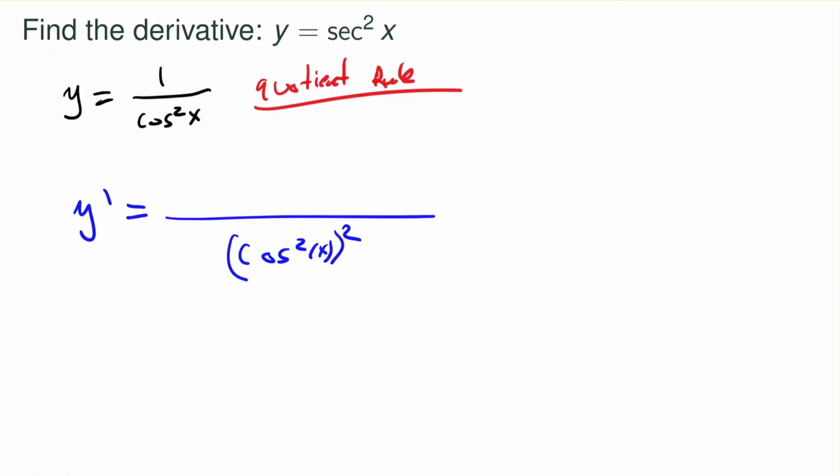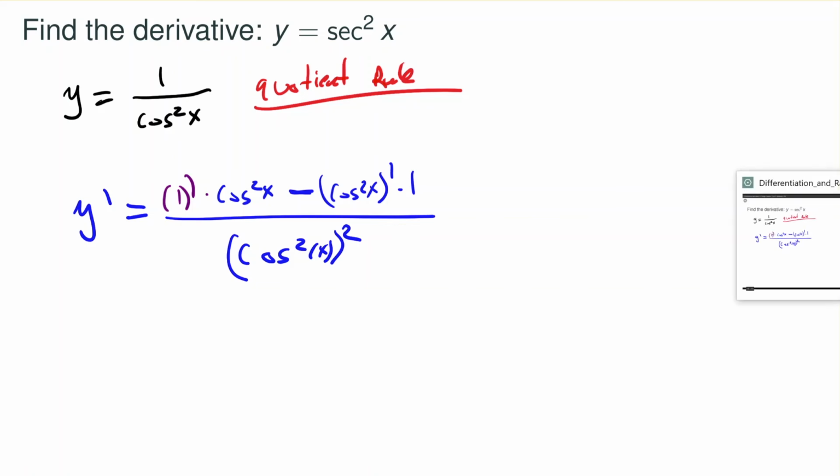On the numerator, derivative of top function, 1 prime, times bottom function, cosine squared x, plus, minus, cosine squared x prime times 1.